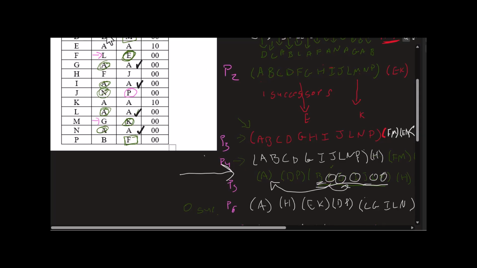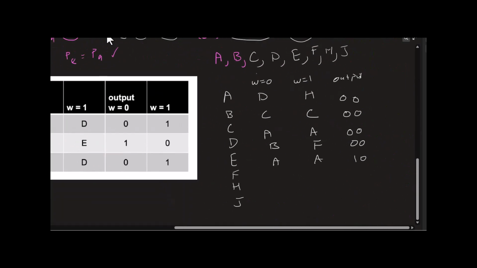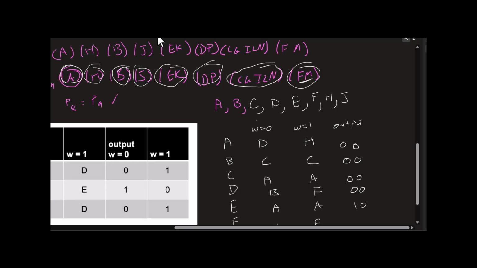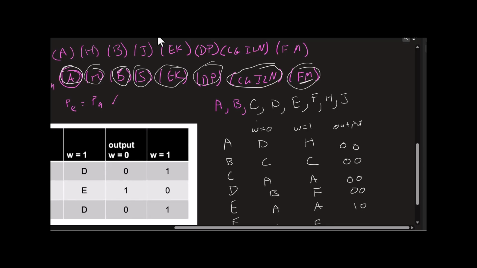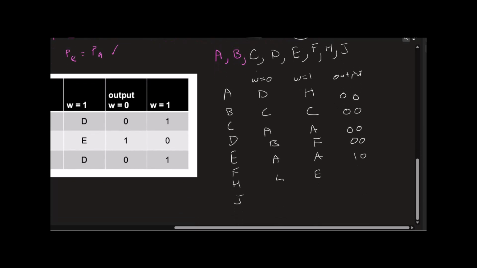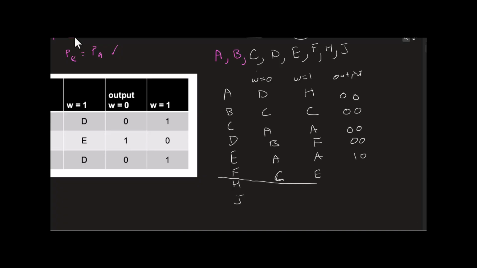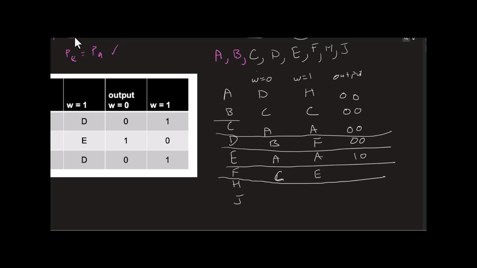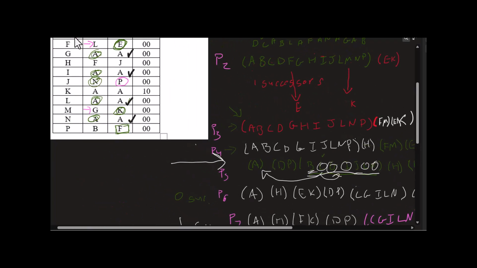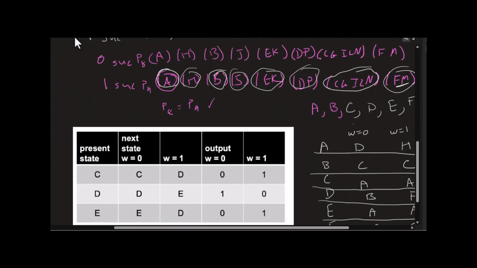F went to L and E. L is not one of my reduced states, so I find out which set it was. It's in set C. It's in the set I called C. And the output for F was 0, 0.